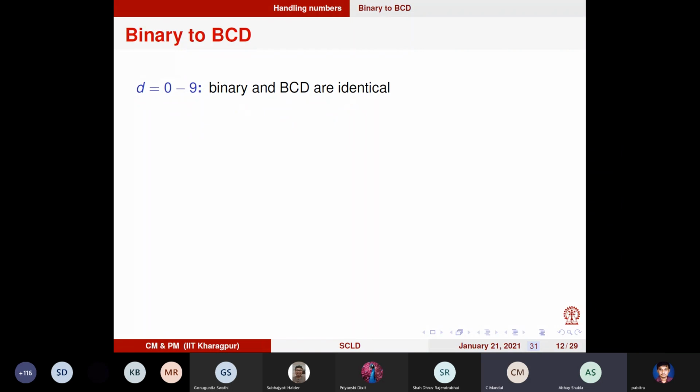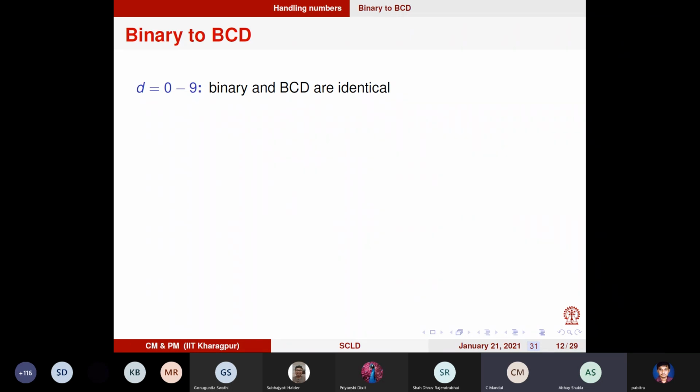So the challenge is how you do arithmetic with such numbers and how you convert between binary and BCD. As you might expect, inside the computer, the arithmetic would be simpler in binary. So BCD is kind of restricted to input and output.